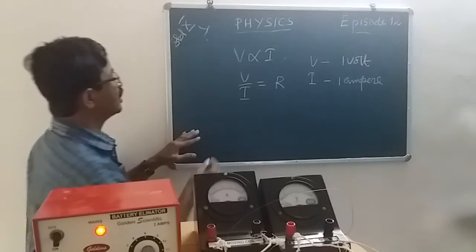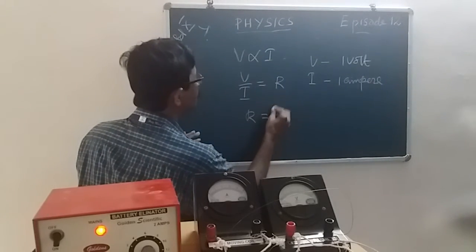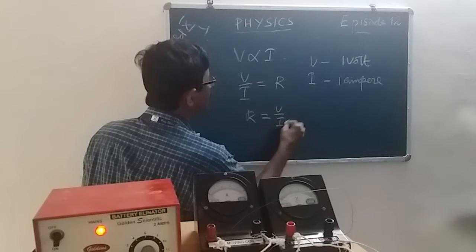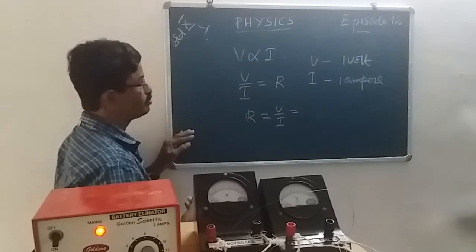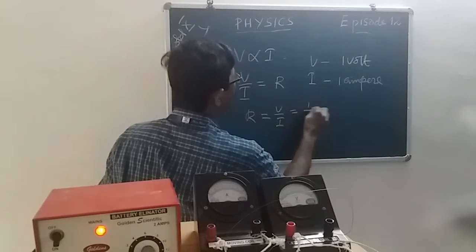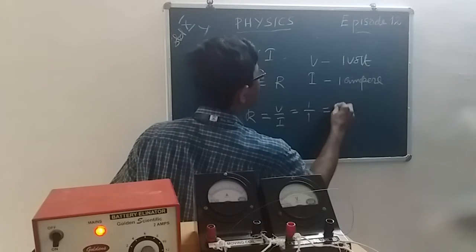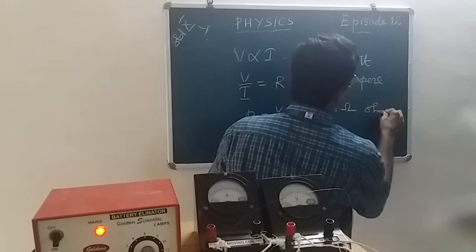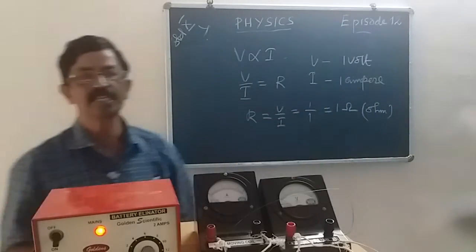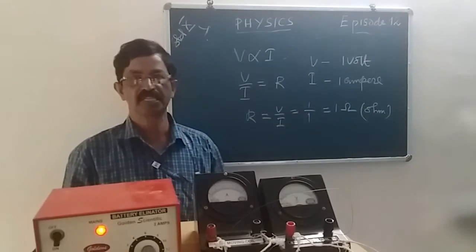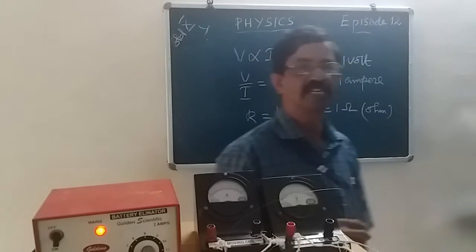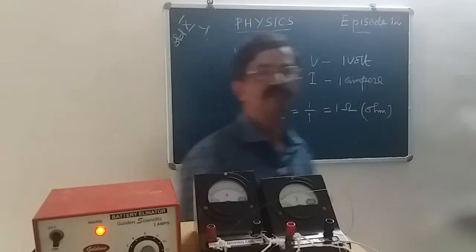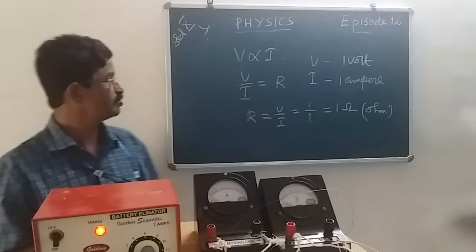Then resistance R is equal to V by I, which is 1 by 1. That is, the resistance is 1 ohm. Ohm is the unit of resistance. Which is the unit of resistance? Ohm. How do we define 1 ohm?